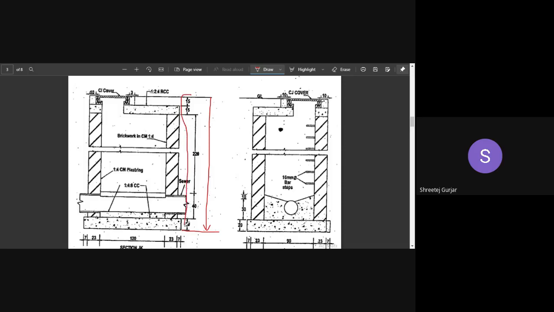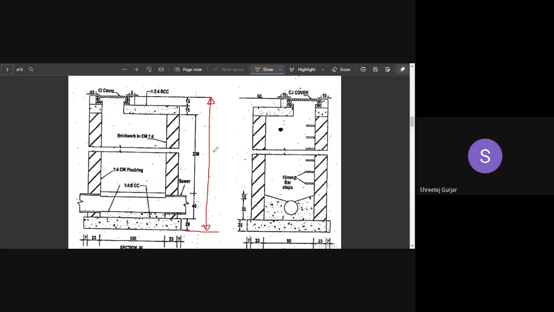You can observe all the dimensions are provided over here. Can someone add up and tell me how much this is? Add all of these: 15 plus 15 plus 220 plus 40 plus 20. What is the total overall depth of excavation that is required? Keep a calculator with you and calculate along with me.